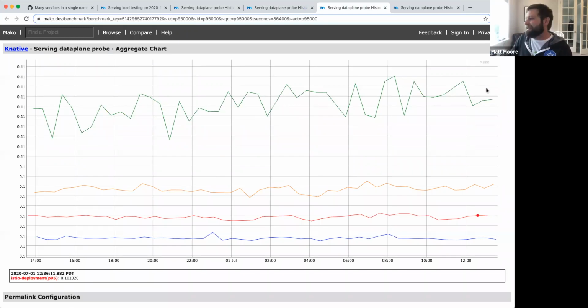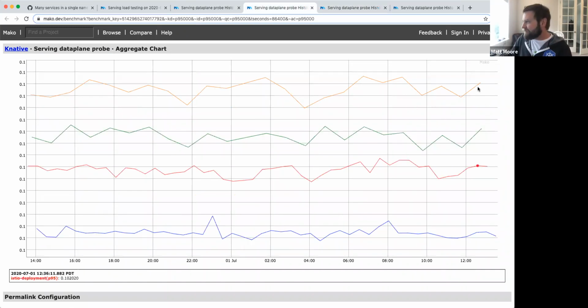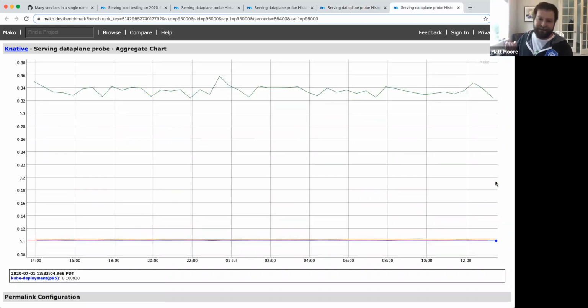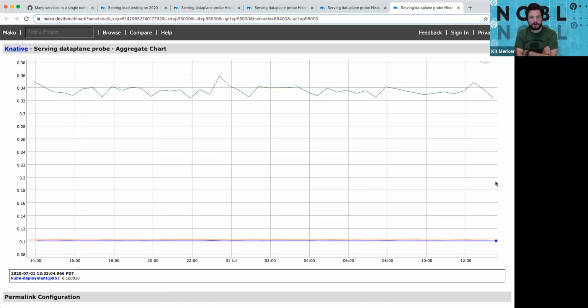And there's something really subtle here, which is the activator graph, which is at the top here, which is the most hops, actually is faster with container concurrency 10, and it's way faster when you go to container concurrency 1.